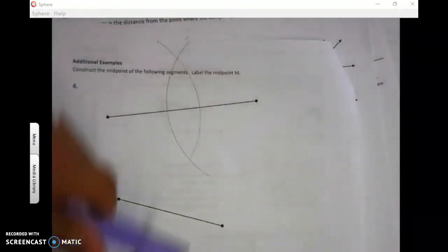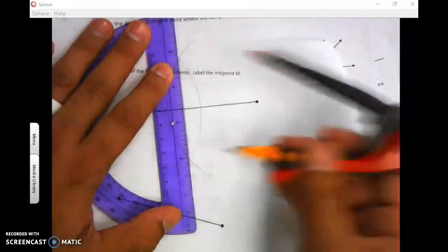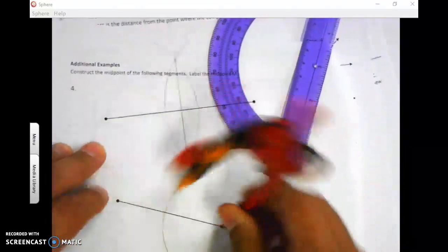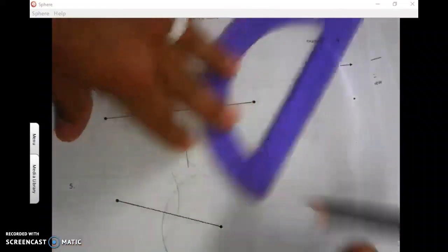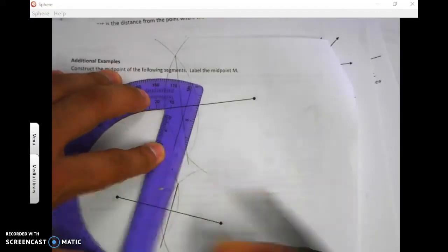Once I make my 2 arcs, I just connect them with a segment. Same thing with number 5. I go a little bit past halfway, connect my 2 new intersection points, and that is my bisector.